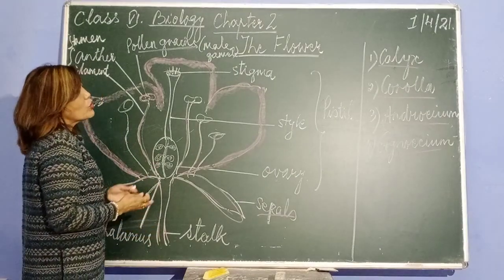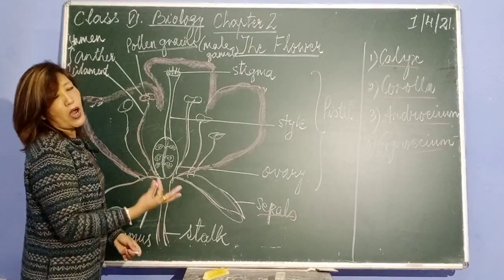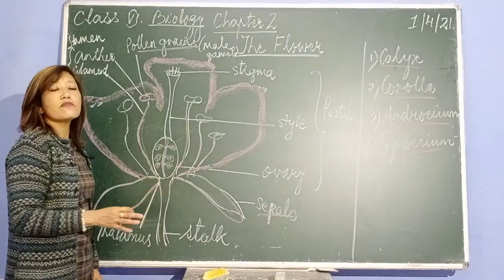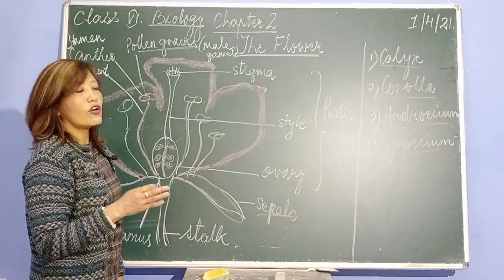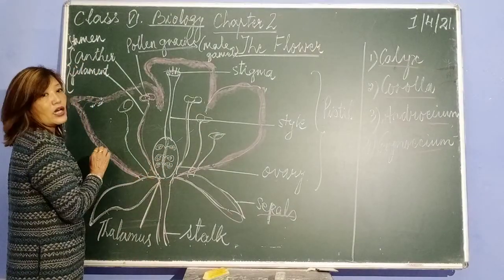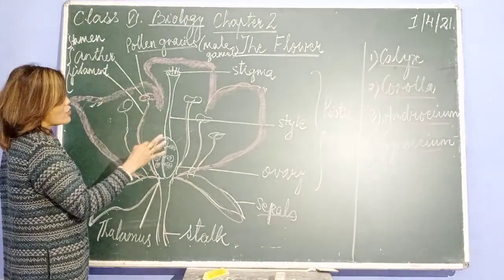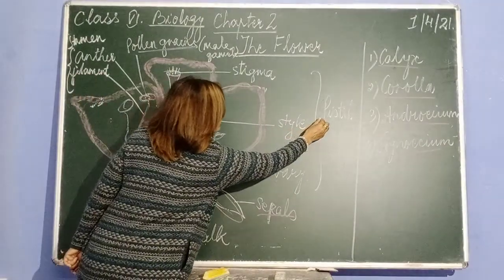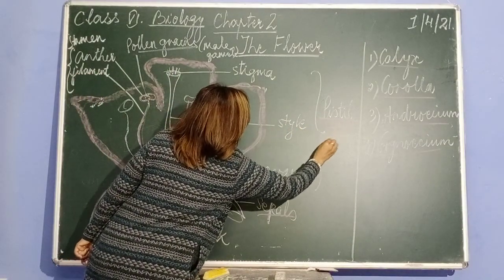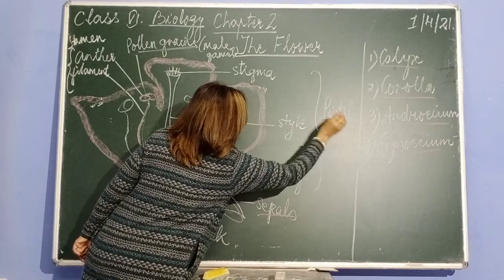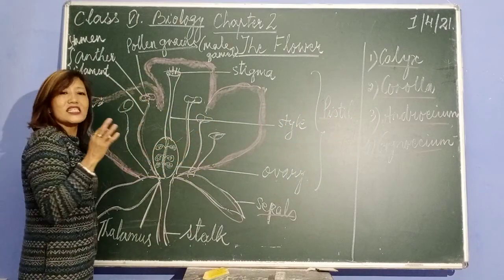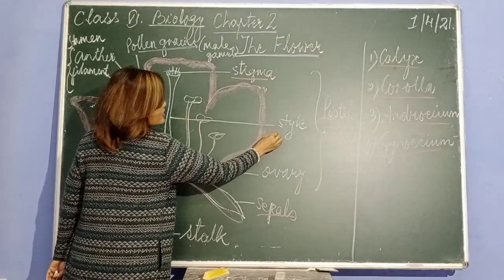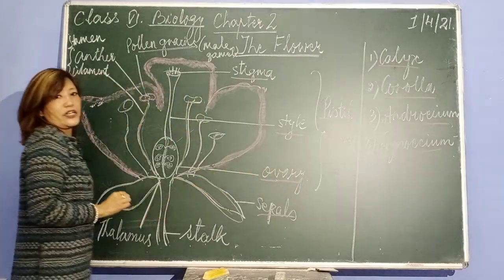Then the fourth whorl of a flower, the innermost part, is the gynoecium. Gynoecium is the female part of a flower, which you can see out here. It contains the female reproductive part, which is called pistil, or also called carpel. And this pistil consists of three parts: stigma, style and ovary.